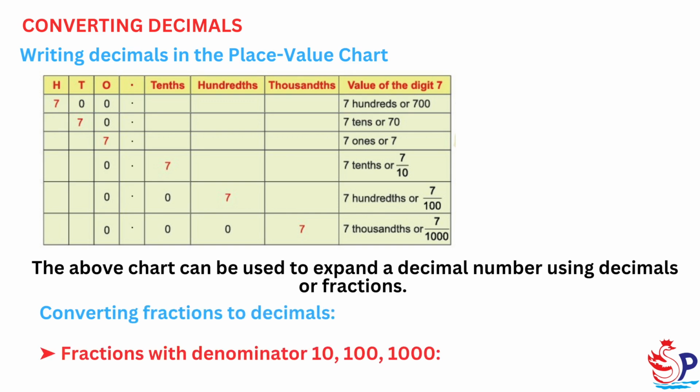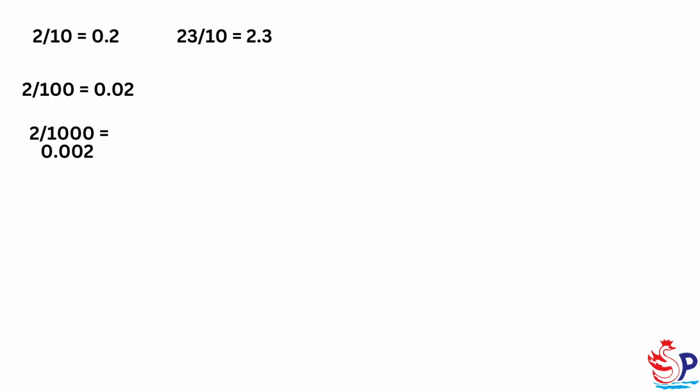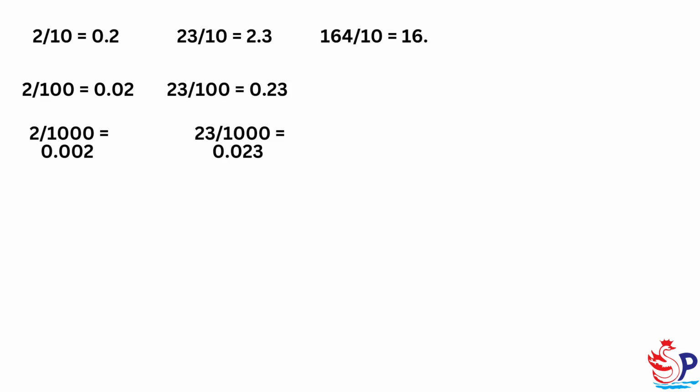Fractions with denominator 10, 100, 1000. 2/10 equals 0.2. 2/100 equals 0.02. 2/1000 equals 0.002. 23/10 equals 2.3. 23/100 equals 0.23. 23/1000 equals 0.023. 164/10 equals 16.4. 164/100 equals 1.64. 163/1000 equals 0.163.